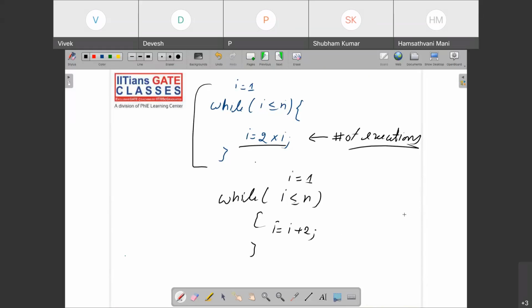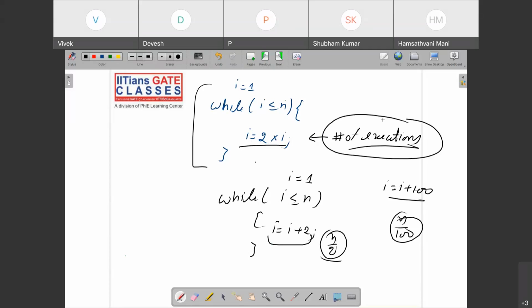We have seen that when we did I equal to I plus 100, the time complexity was n by 100. Now, if I do I equal to I plus 2, it will be n by 2, right? So it cannot be n by 2 if I do I equal to 2 multiplied by I. What I'm asking is the number of times this step is executed, that is, how many times this condition can be satisfied.